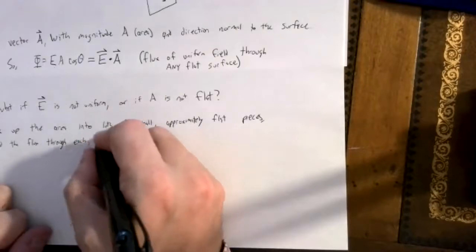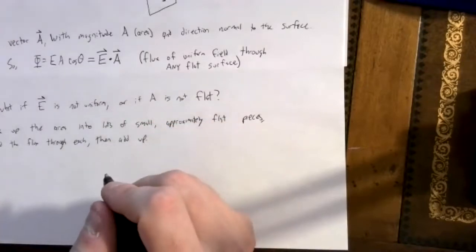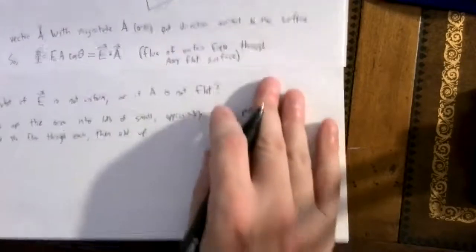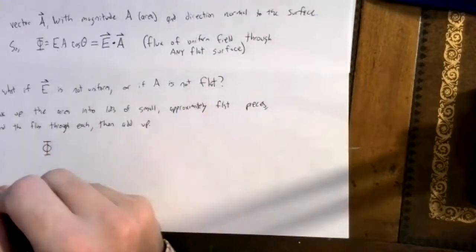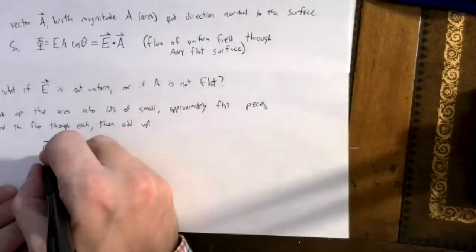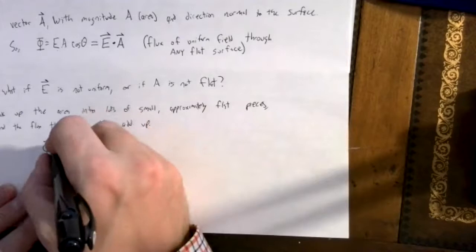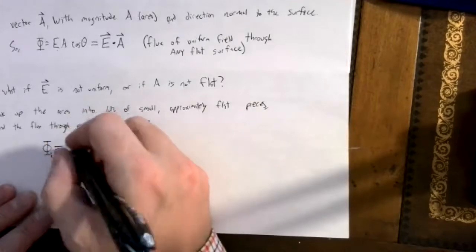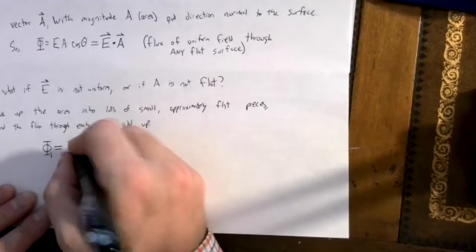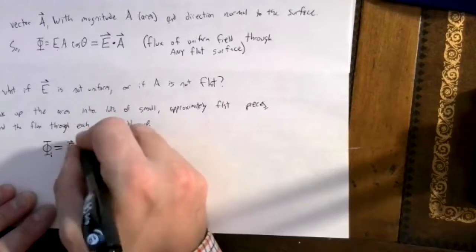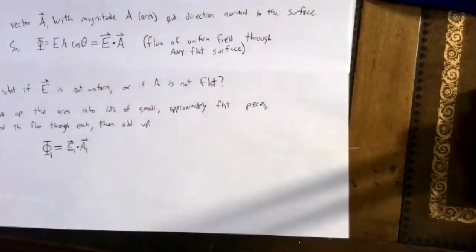And then add up. So the way I'll write that is that we have each little piece of flux. I'll give it an index i. So the ith piece of flux is going to be equal to the ith little piece of electric field dot product with the ith surface vector.